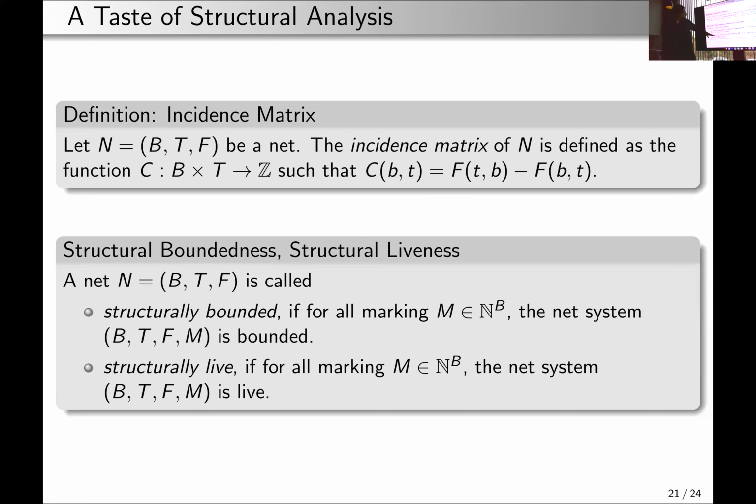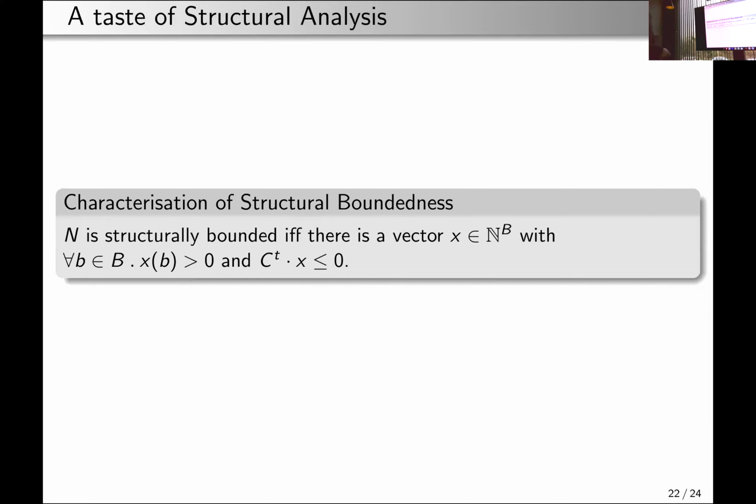Dually, it is structurally live if for every marking, the system is live. So we say the system is live if there is some transition that is fireable at every state. Okay. Eventually fireable.